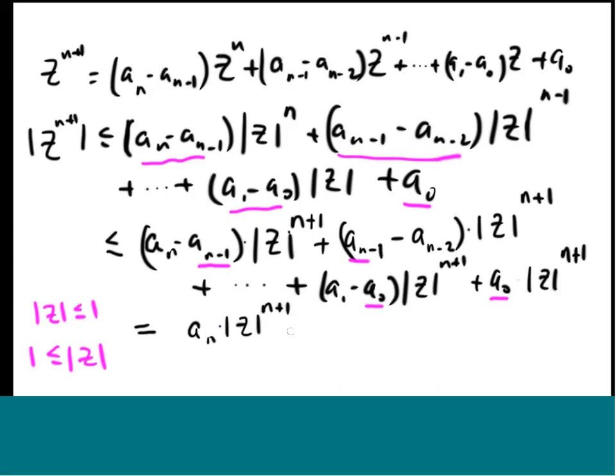But A is less than 1 is also has to be like that. Right? Okay. So you see here is Zn plus 1. Here is Zn plus 1.